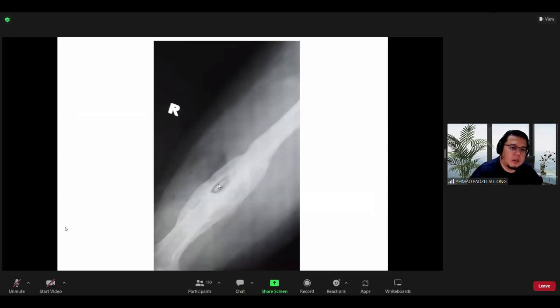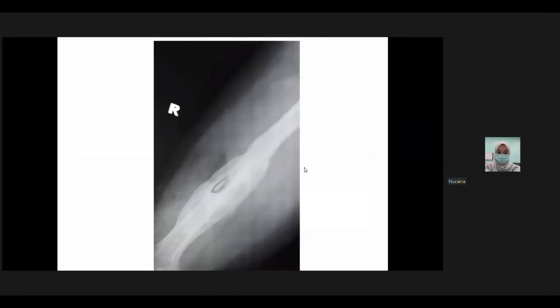Okay, Nur Aina. Yeah, Prof. Quick. So this is an X-ray of the femur.